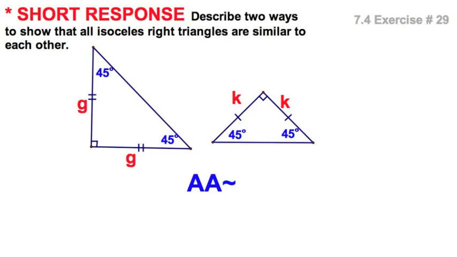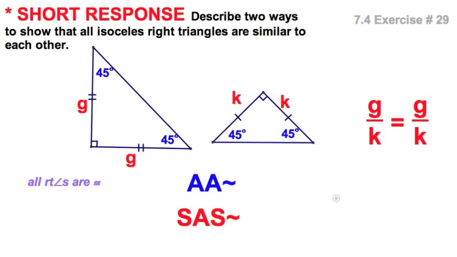Since these are, after all, isosceles, I could then say, since the right angles, that is, these two angles, are congruent, and that the ratio g is to k as g is to k demonstrates to me side-angle-side similarity.